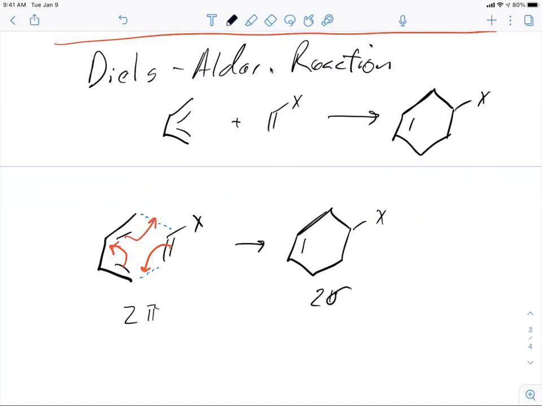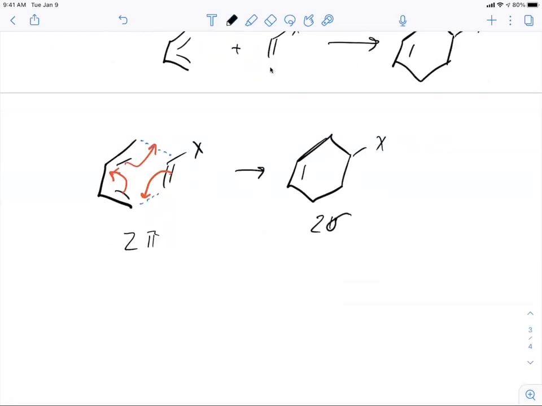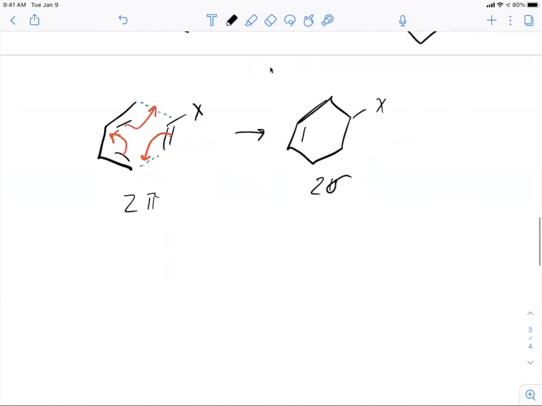We are losing some entropy because we're going from two molecules to one molecule. But if we look at entropy versus enthalpy, enthalpy is a driving force for these. If we can force it to go the other way by creating a larger entropy.